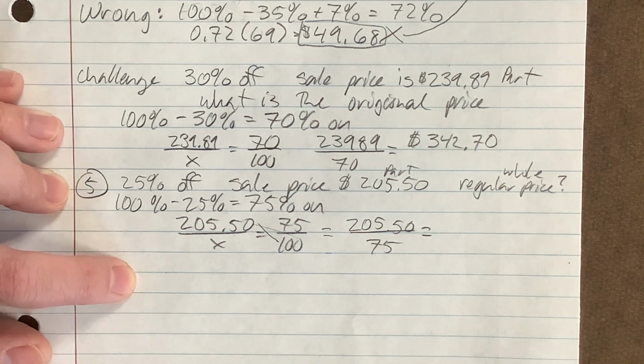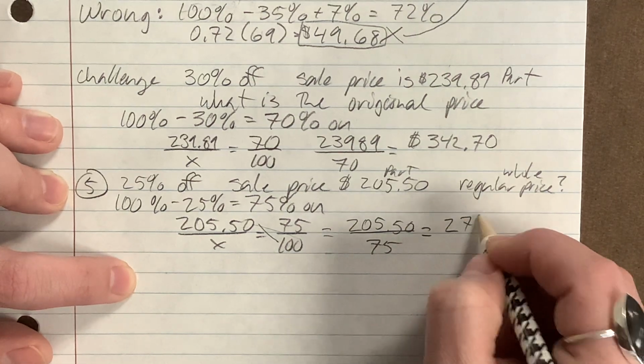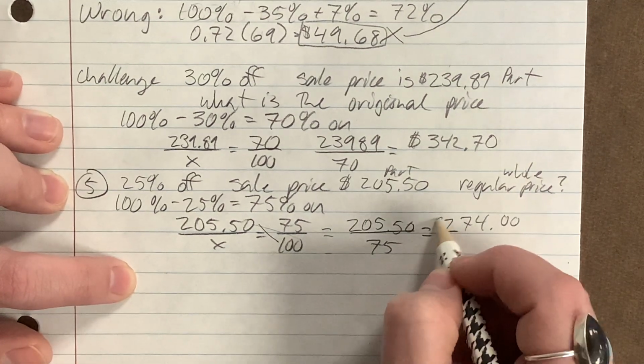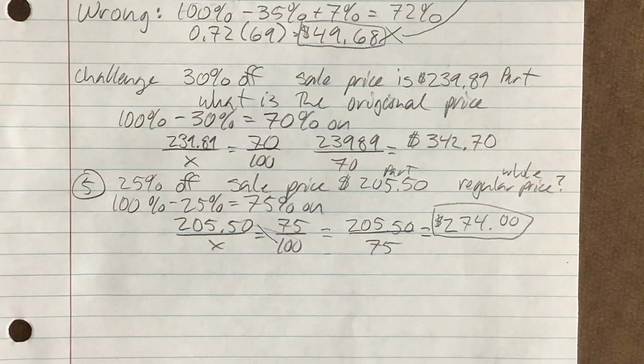There we go. 274 and 20 cents. Again, with Math Space, you might get really mad if you don't put your cents on there. Let me make sure I did that right. 205.5. Yep, we're there. Cool.